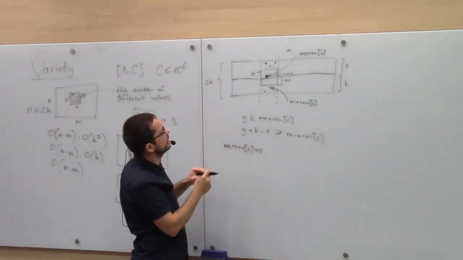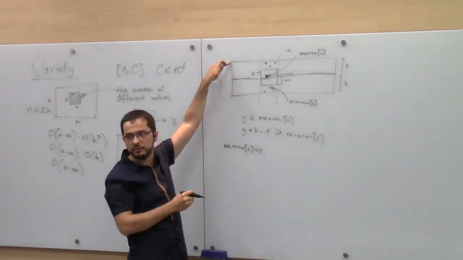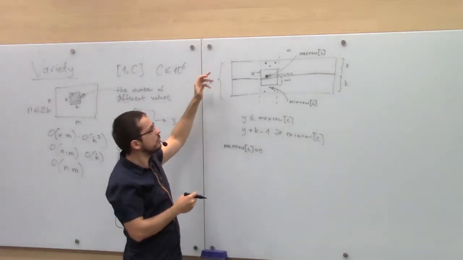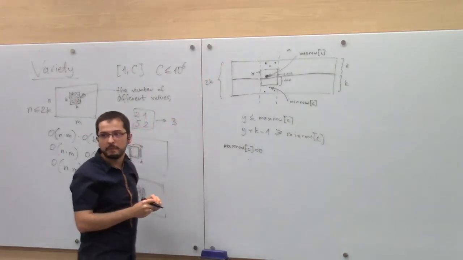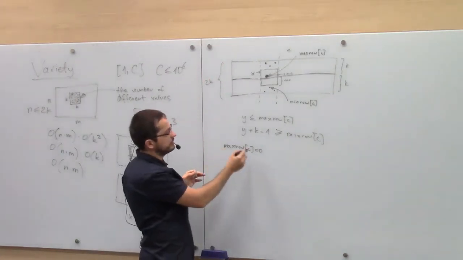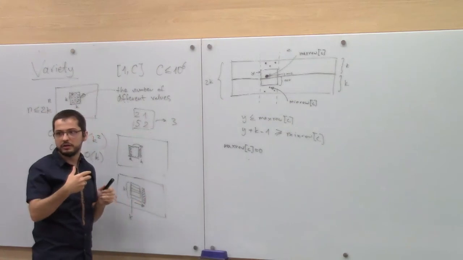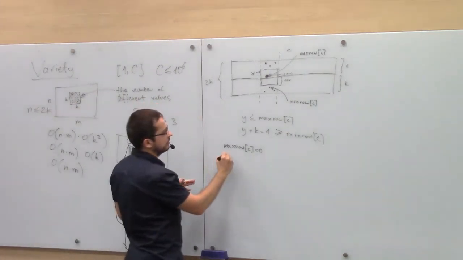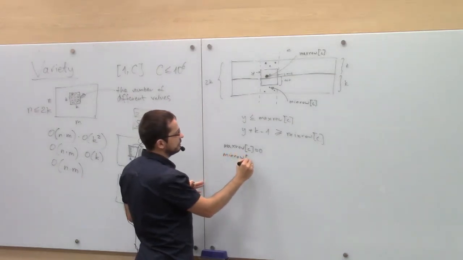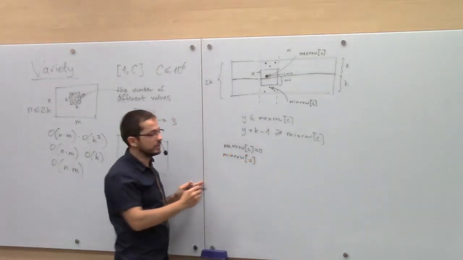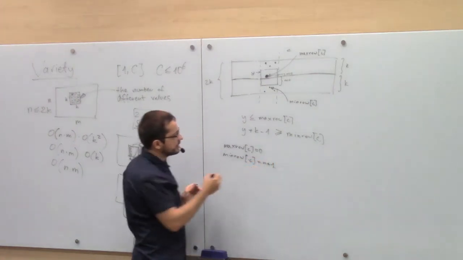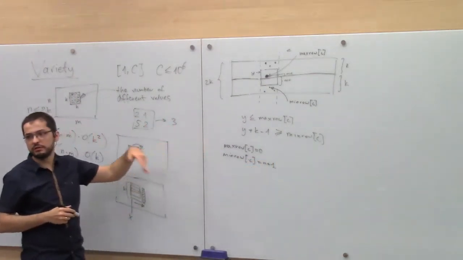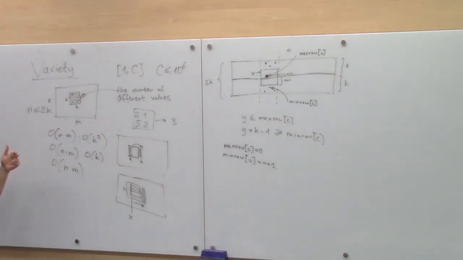So this means, if it's one indexed, that we don't have any element of C in the upper strip. And min row is equal to n plus 1. So that means that we have no element C in the whole range. Then it means that we have no element C in the square.